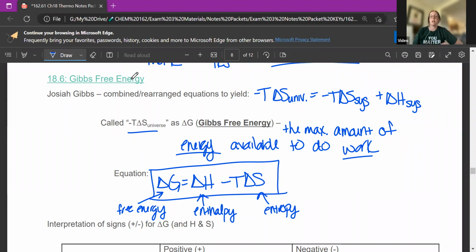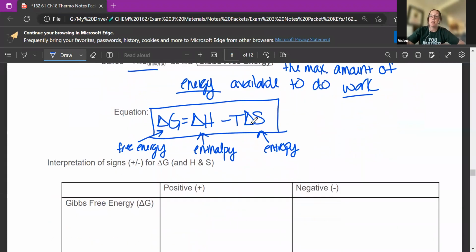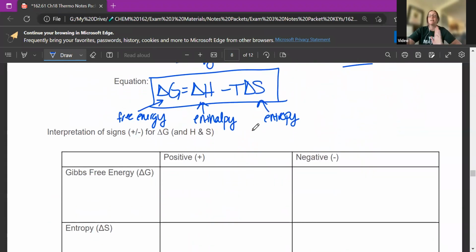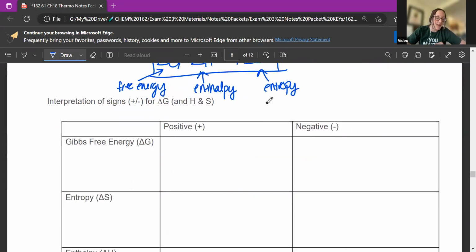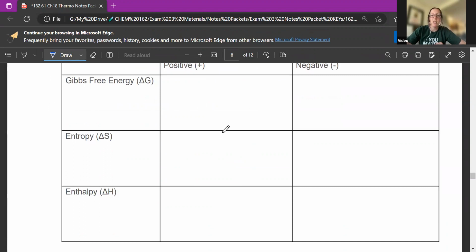to be like, okay, is this whole reaction spontaneous? All right, so the signs can get a little confusing and they are really important. So I'm gonna kind of go over what positive and negative means for each of these values. Okay, and you kind of use this equation to figure out what they're going to mean as long as you know the values mean. Okay, so first, I'm actually going to start with enthalpy because this is from 161, all right?